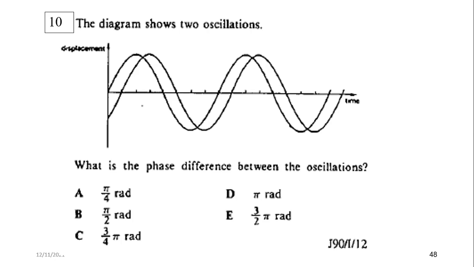From here to here is 90, pi over 2. So you change it to 4 pi over 8. This will be a 1/8.